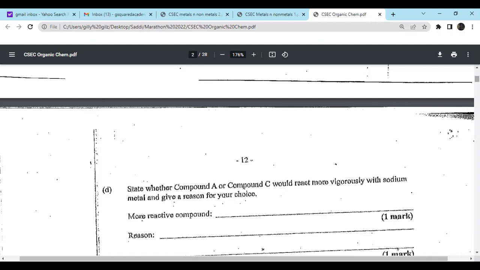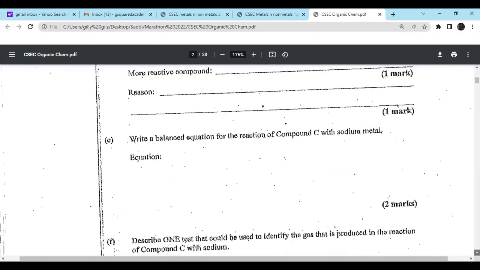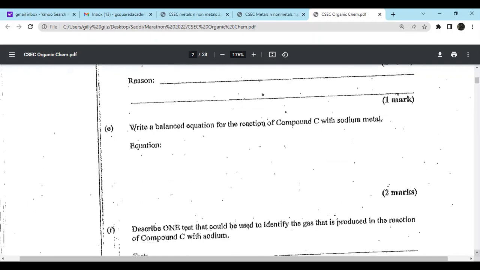But that answer really is not at CSEC level, right? So you wouldn't have to do that. But just simply say that acids tend to react with metals as your reason for the answer there. Okay, write a balanced chemical equation for the reaction of compound C with sodium metal.